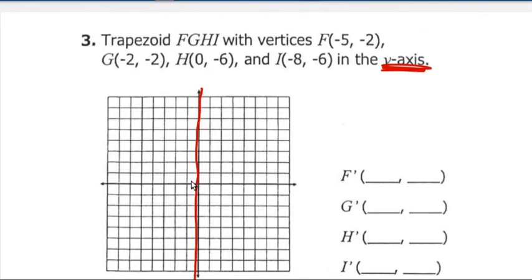So F is -5, -2. G is -2, -2. H is 0, -6. And I is -8, -6.